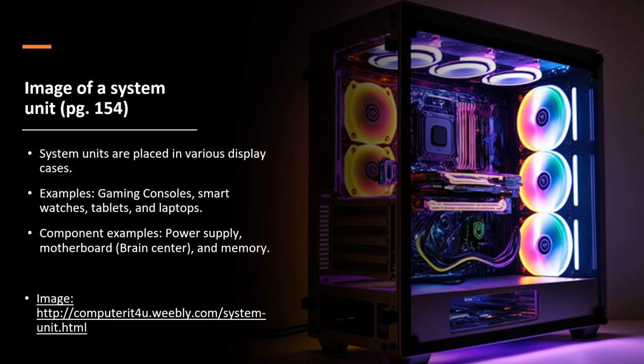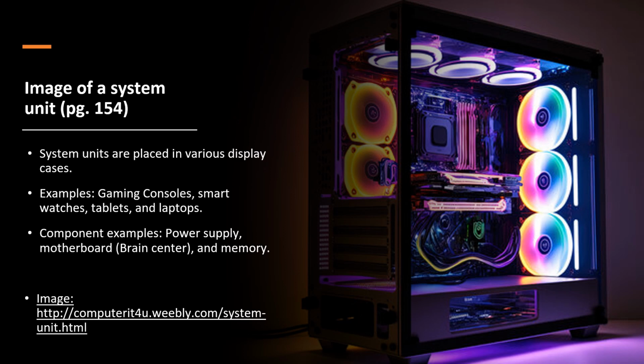Images of a system unit, which also is on your textbook page 154. System units are placed in various display cases. As you can see right there on your right, that is a system unit, one of the newer high-tech system units.